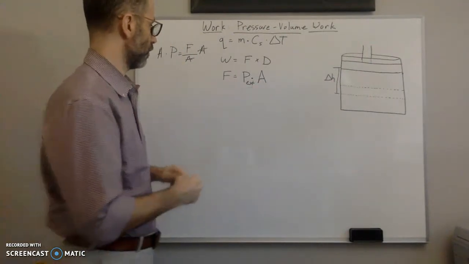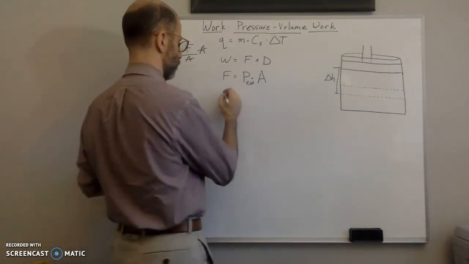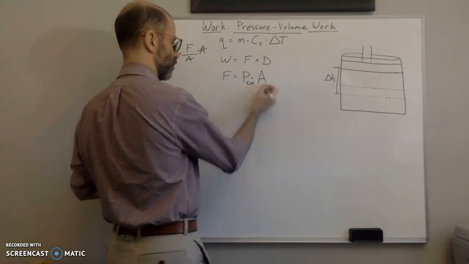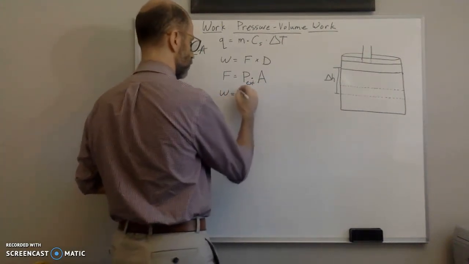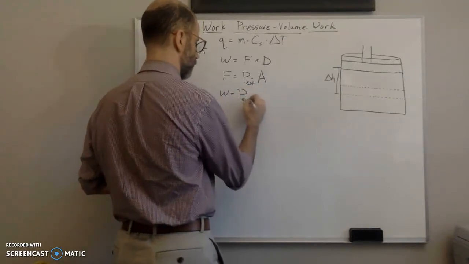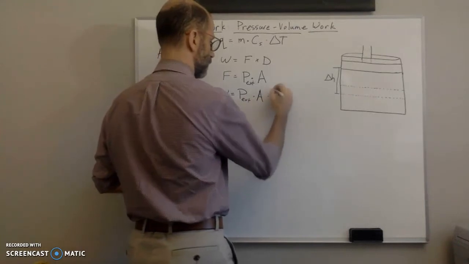And so if we put these together, we have force here. We can substitute force for external pressure times area. So we get work is equal to external pressure times area times distance.